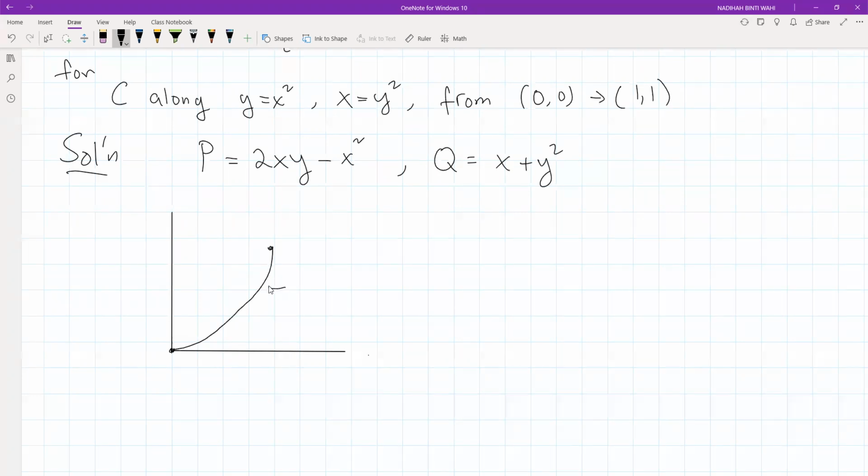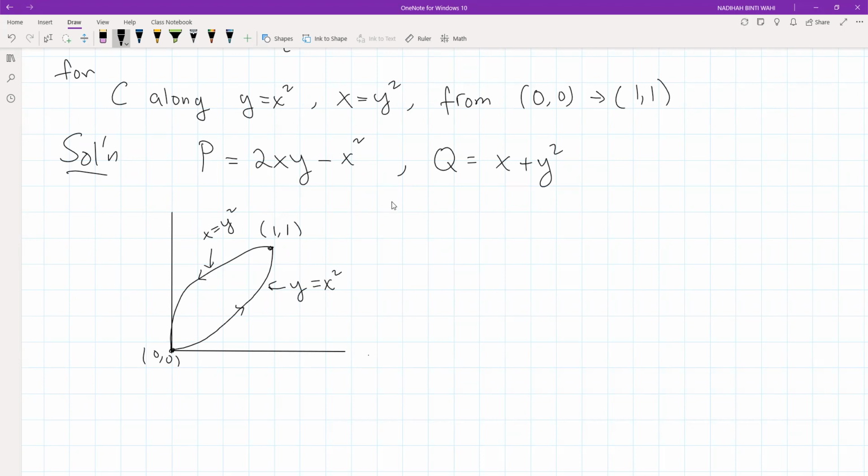This is 1, 1, 0, 0 at the origin. And x equals to y squared, so this is the other way. It starts from here and then goes back to the original position.